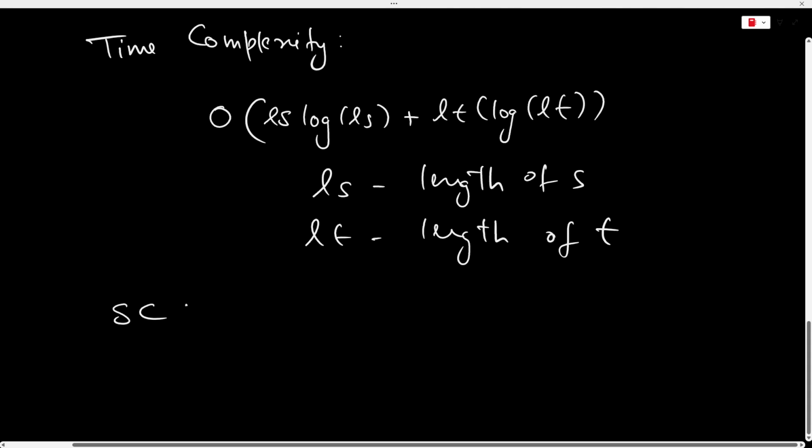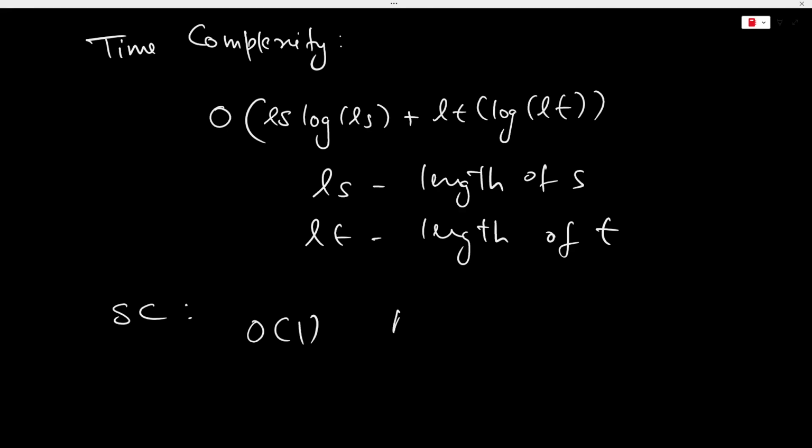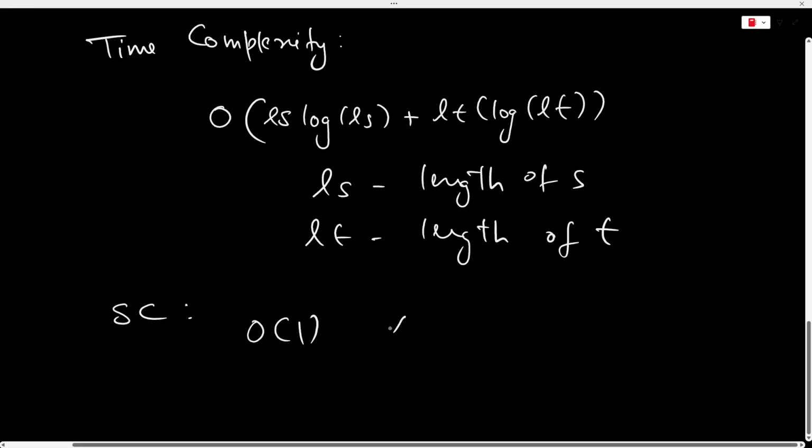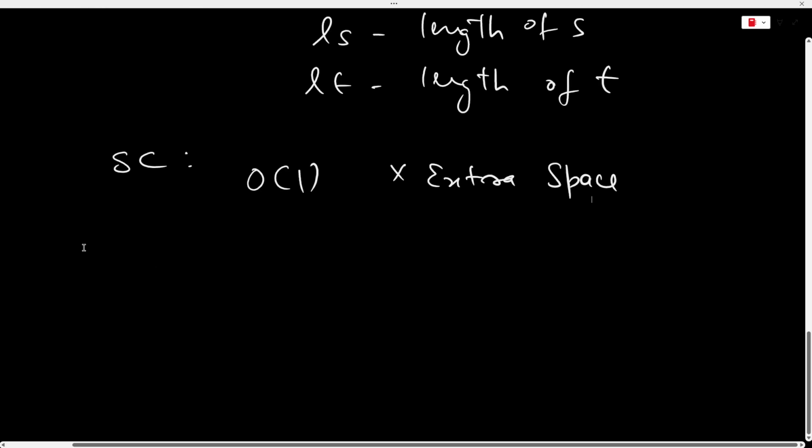Space complexity would be O of 1 because we are not taking any extra space. Everything is happening in place.